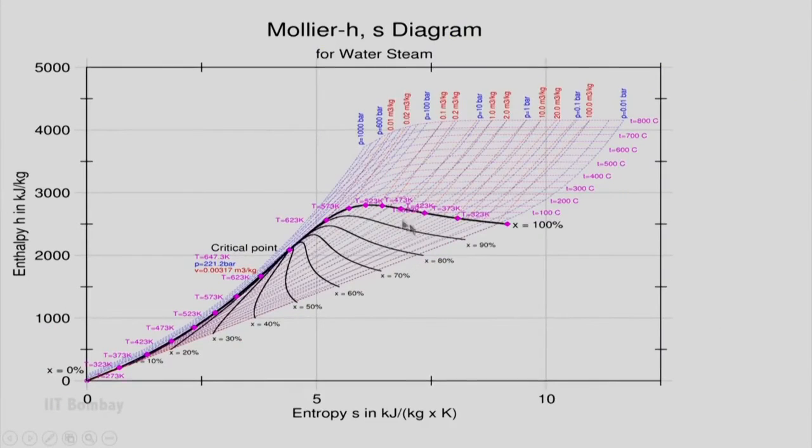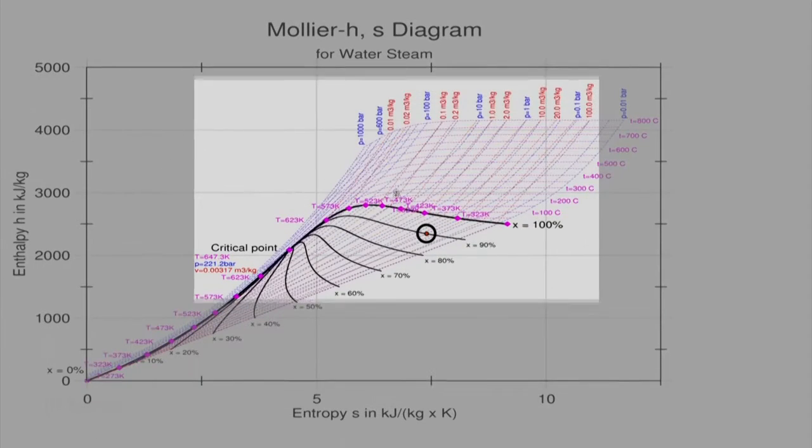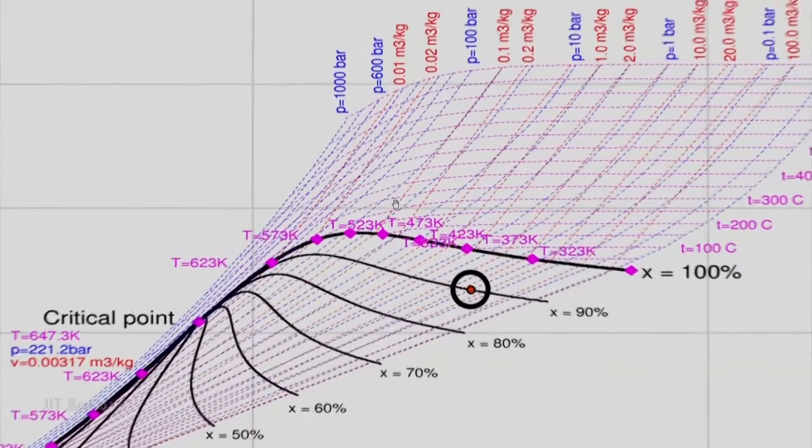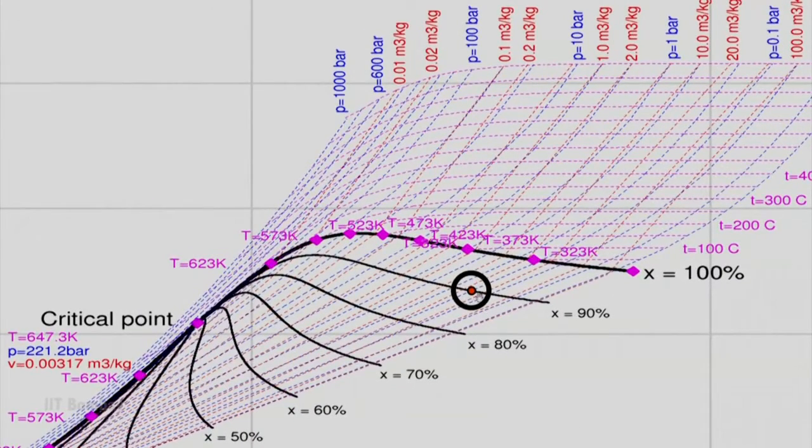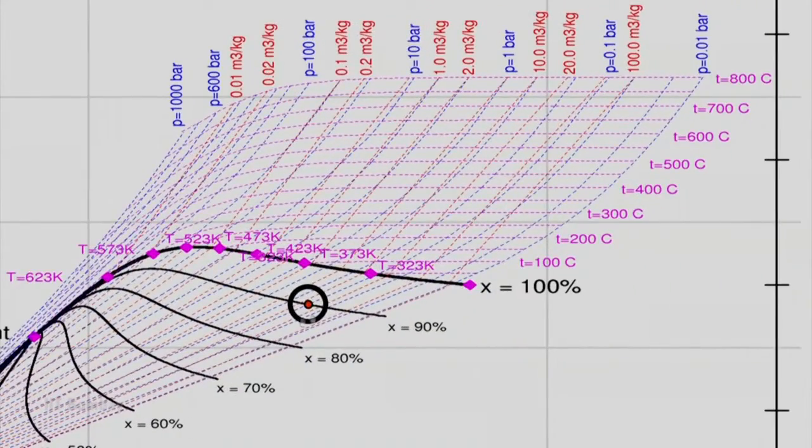Let us now locate one point in order to demonstrate how to extract values from this graph. Let us have a point like this, and let us go close to the point and see what one can read. From this graph, this point is x equal to 0.9.